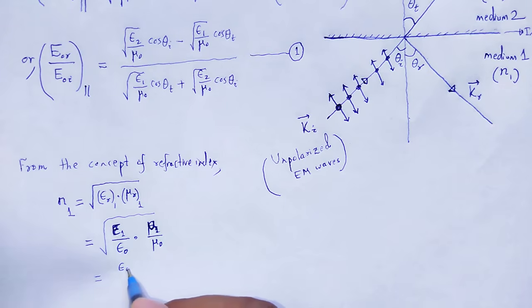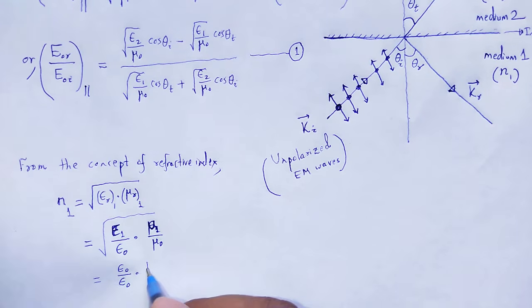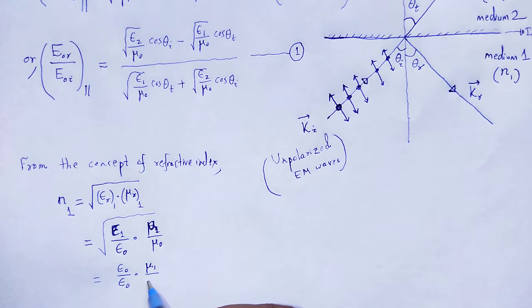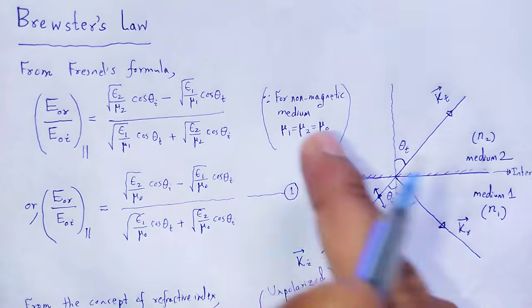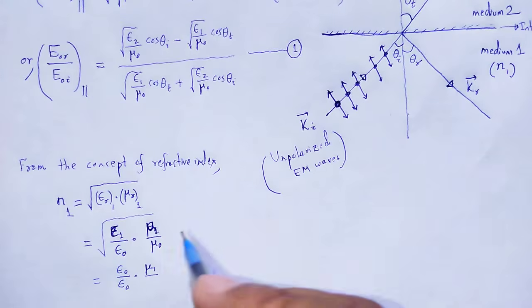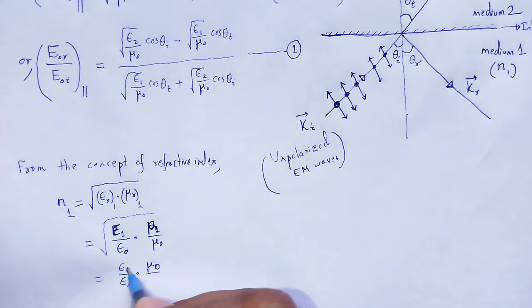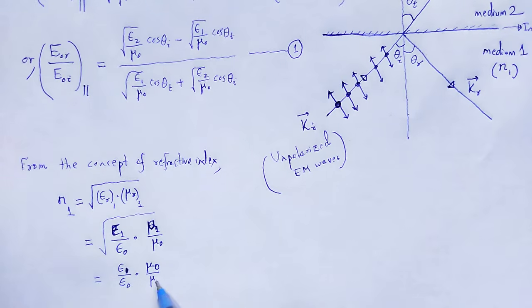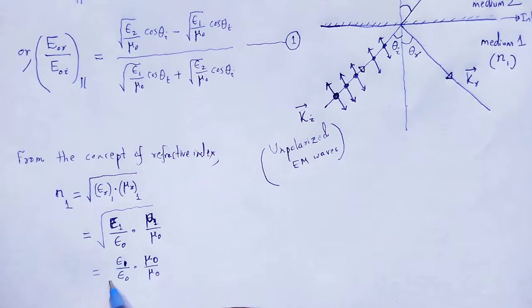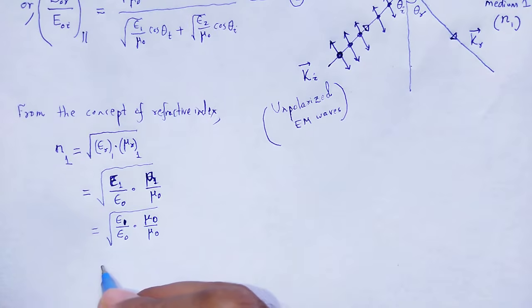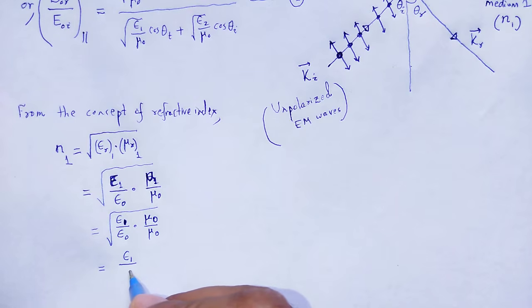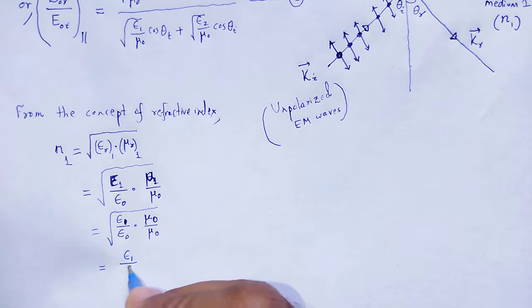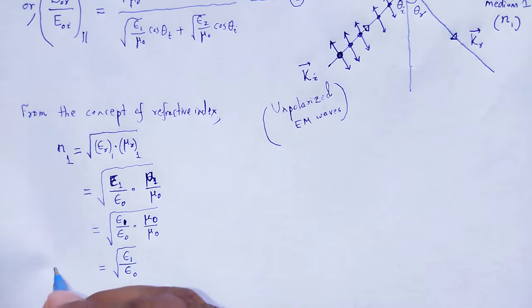So epsilon 1 mu naught divided by epsilon naught mu naught under root is equal to epsilon 1 divided by epsilon naught under root.